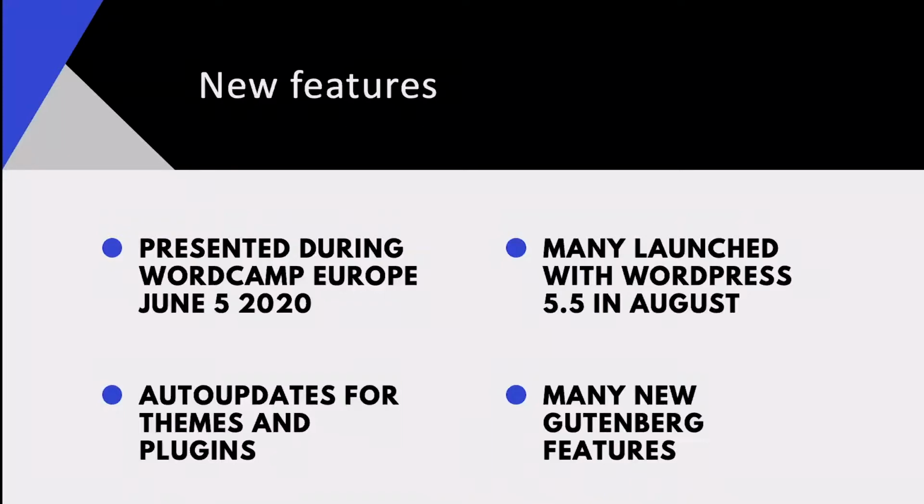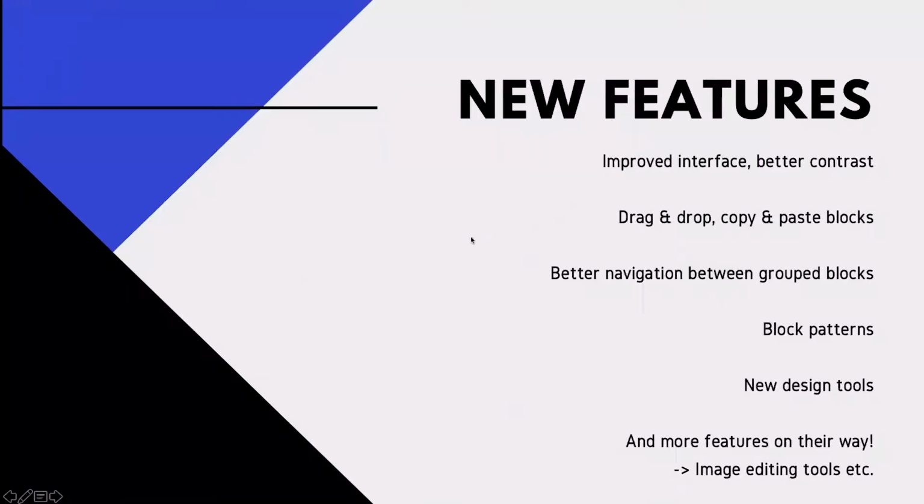The other features that we're going to be talking about, some of them are available, some of them are still in the beta version. So if you are using the beta version of WordPress, you might have access to the design tools when it comes to designing, cropping and changing the layout of a picture that you're using on your website.